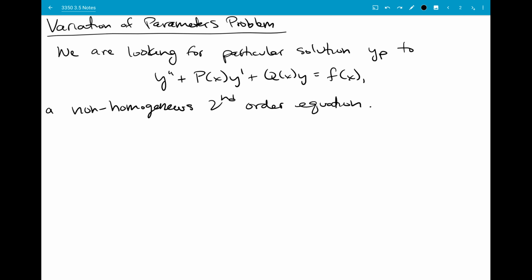The way that we're going to solve this is hopefully getting familiar by now. We're going to assume that we know what y sub p is.